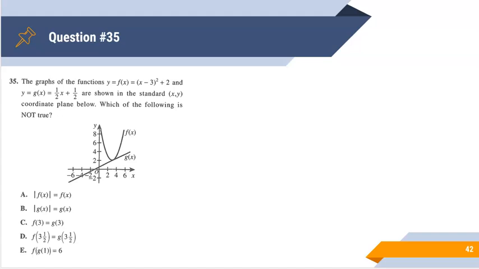Question 42 wants to know which of these is not true. And I notice in the beginning here deals with absolute values, like the absolute value of f is equal to itself. Well, absolute values make things positive. Well, that graph, everything is positive, so its absolute value would be the same. Can't be that. Here's our line.